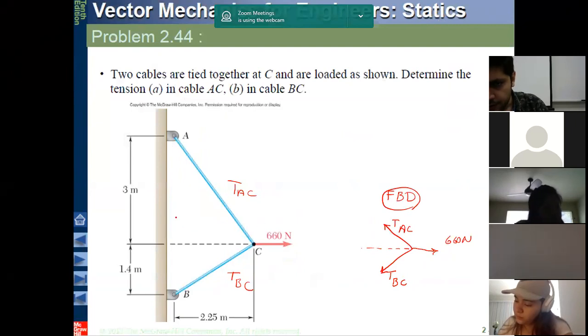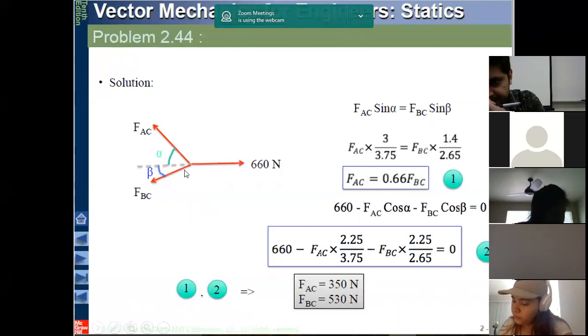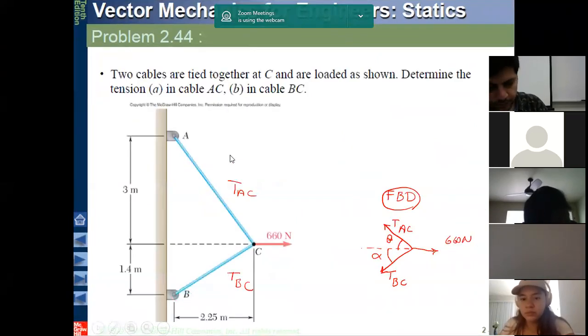So now we have the dimensions, so we know the sine and cosine factors. So, right, and then we have two equations, right?